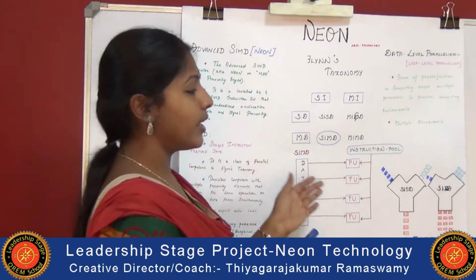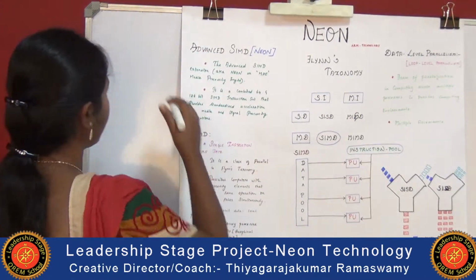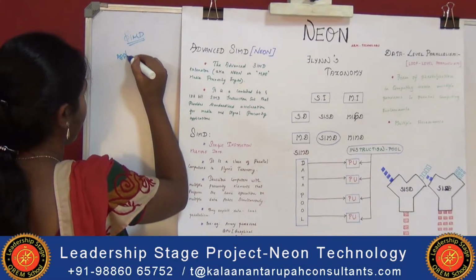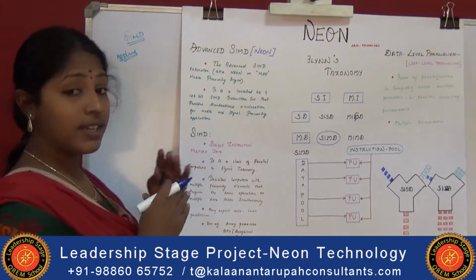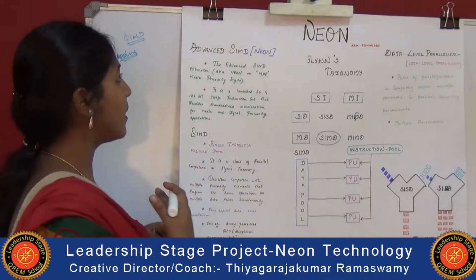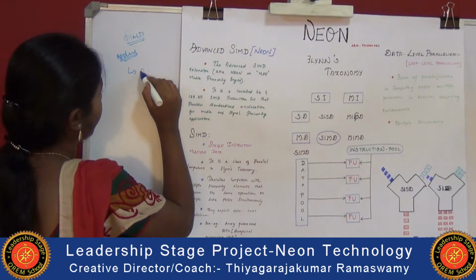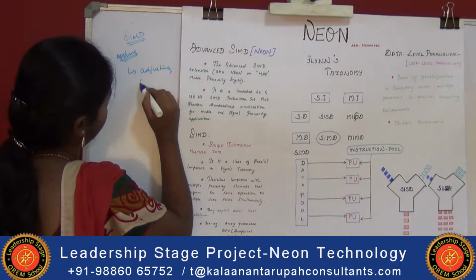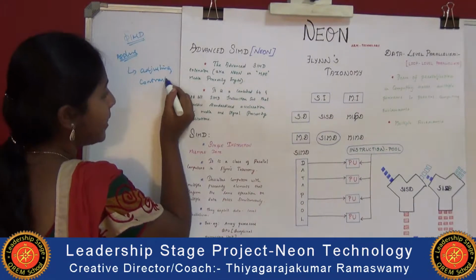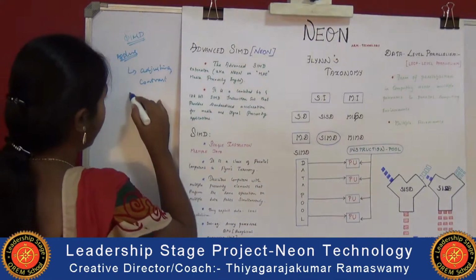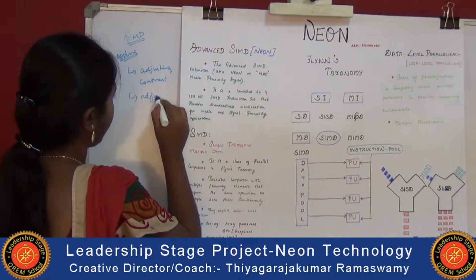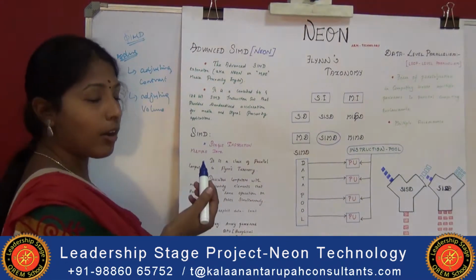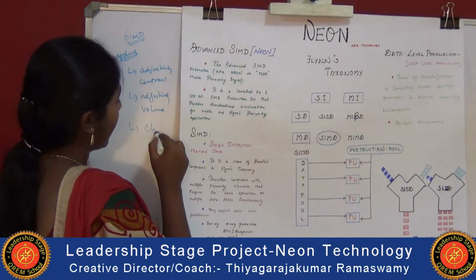So this is about SIMD, and it is particularly applicable to some common tasks like adjusting contrast in a digital image, adjusting volume in digital audio, or changing the brightness of an image.